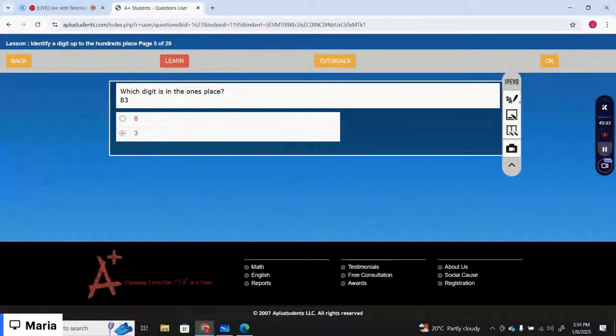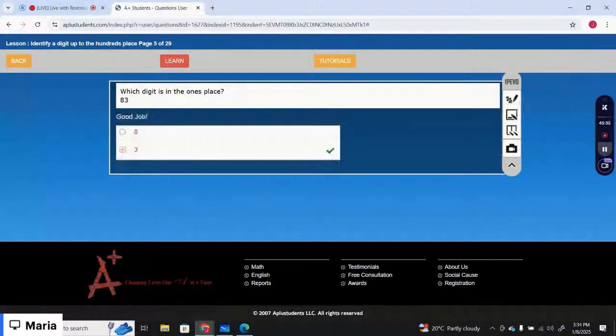That is 3 is at the ones position. The correct option is 3.